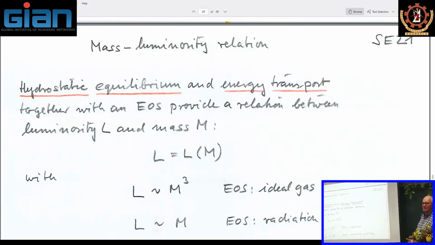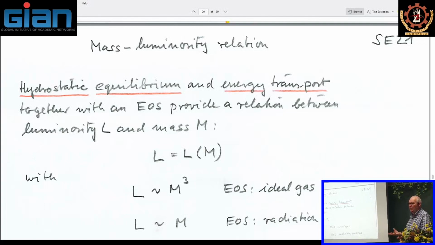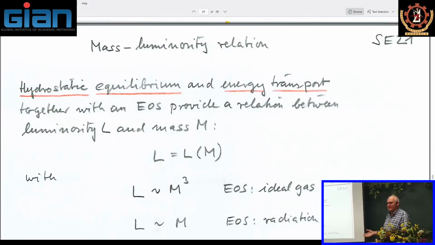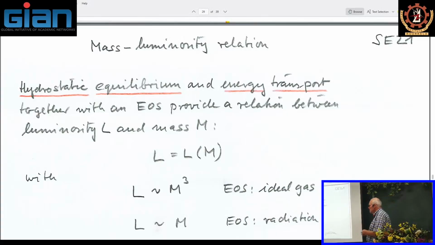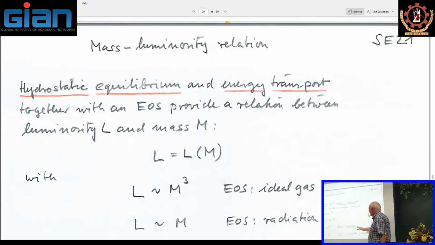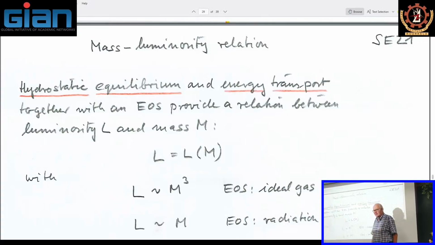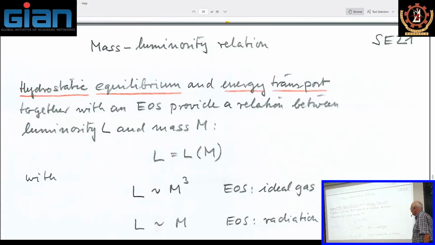The reason being that massive stars are more supported by radiation pressure than by gas pressure. So it is quite reasonable that massive stars, being supported by radiation pressure, show a relation between luminosity and mass which is close to linear, whereas low mass stars or intermediate mass stars show the mass cubed dependence of the luminosity.